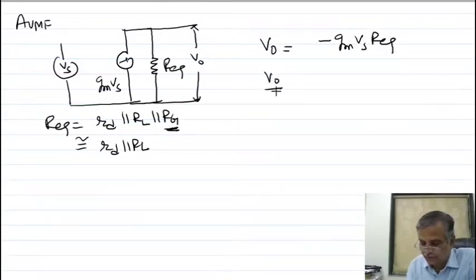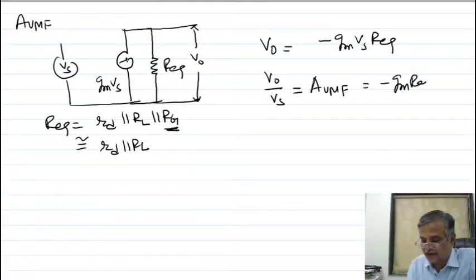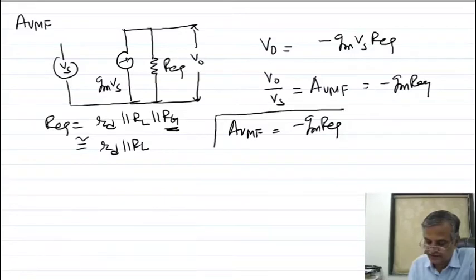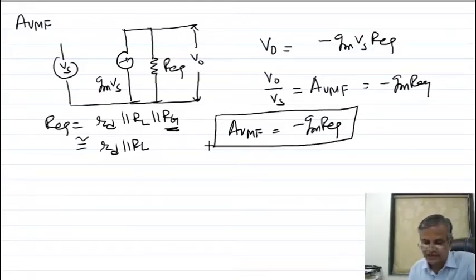So VO upon Vs is called gain at mid frequency, minus GM R equivalent. So AVMF, remember, is minus GM R equivalent. What is R equivalent?